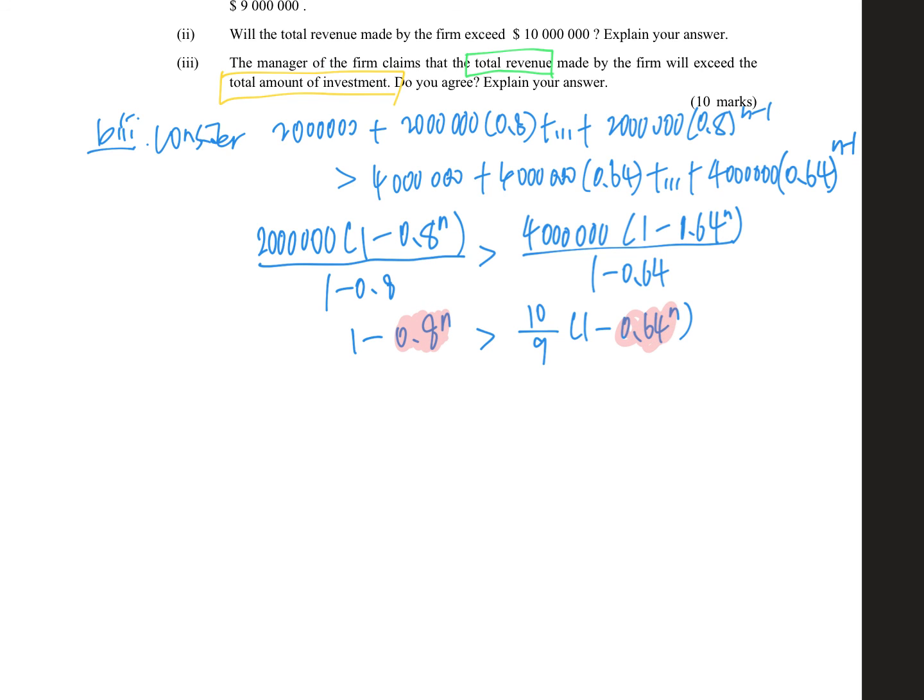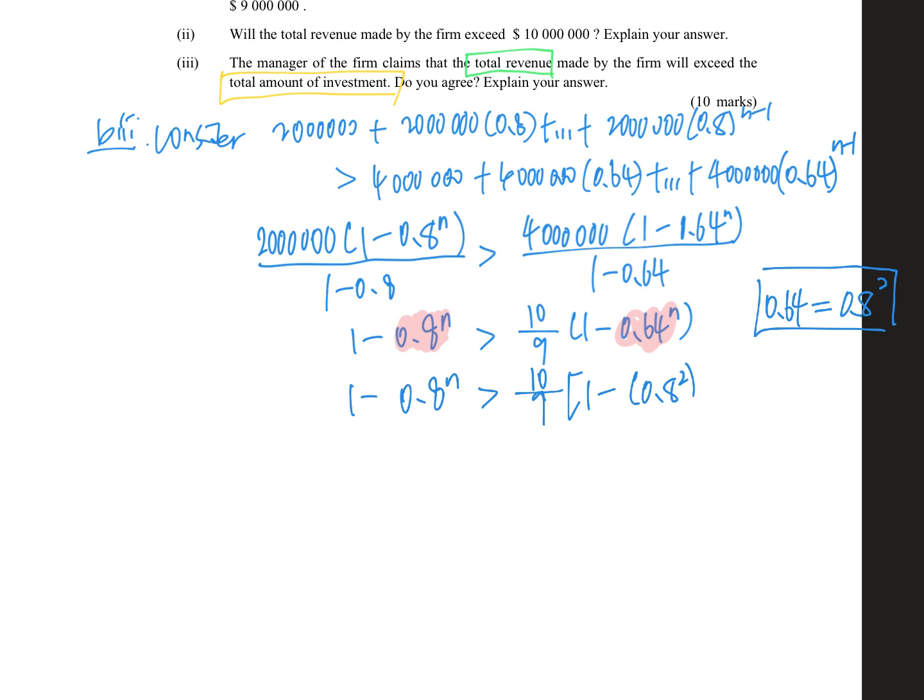So observe that the base 0.64 equals 0.8 squared. Wow, what a coincidence. Well, actually, it's quite artificial. So maybe we can rewrite a bit: that would be 1 minus 0.8 squared, and then to the power of n.